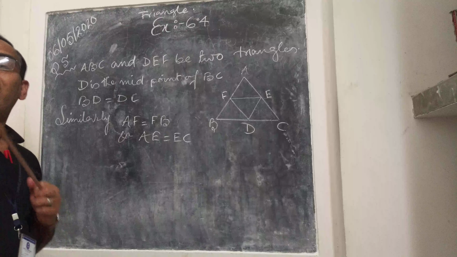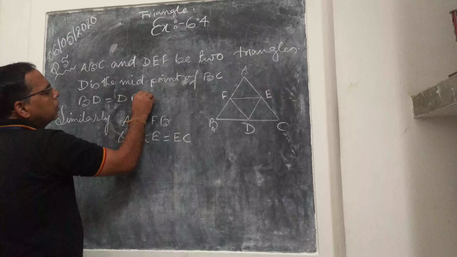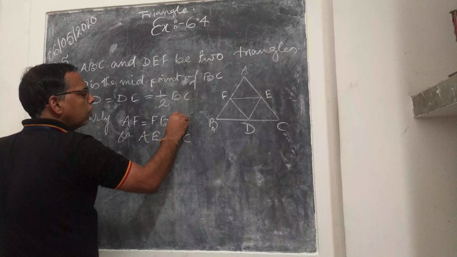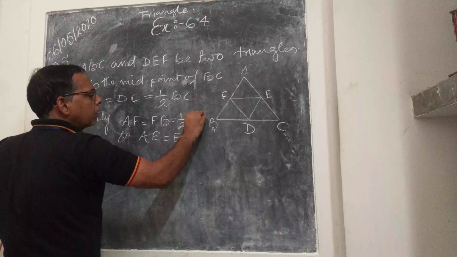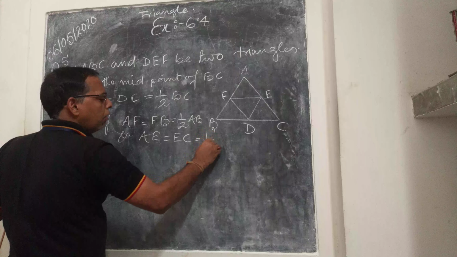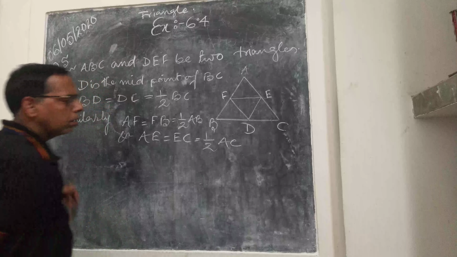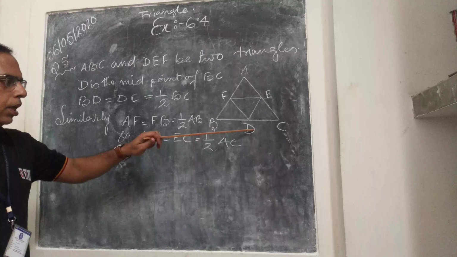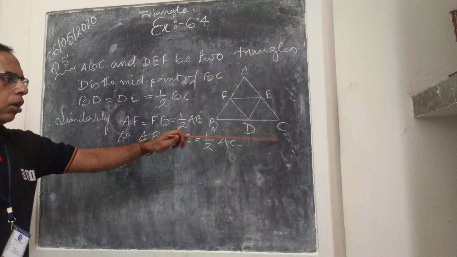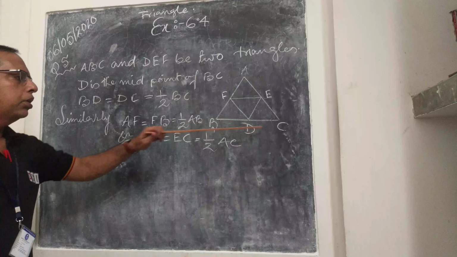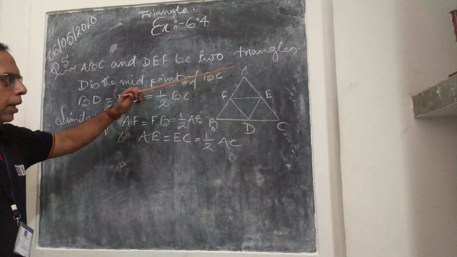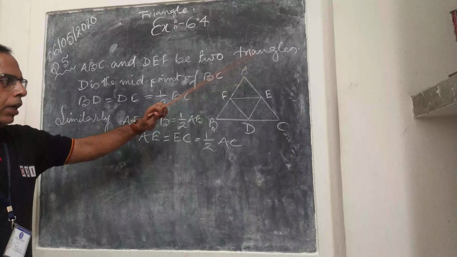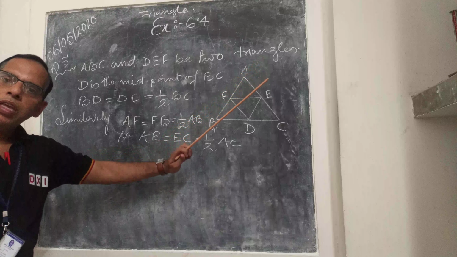Apart from that, what else can we write? BD equals DC equals half of BC, because D is the midpoint. Similarly, AF equals BF equals half of AB, and AE equals EC equals half of AC.